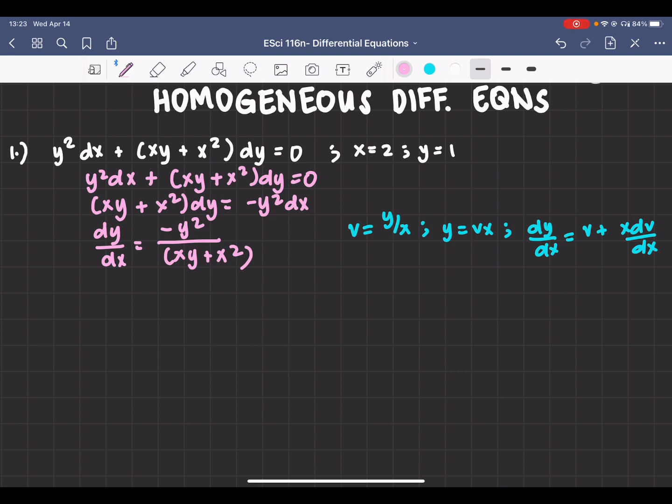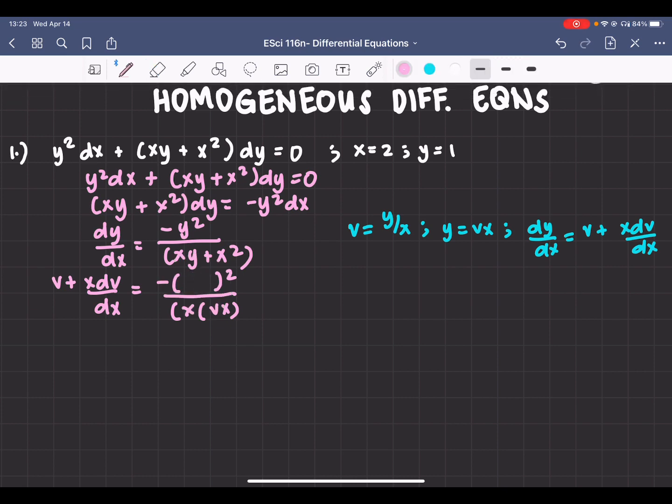So our dy over dx becomes v plus x dv over dx is equal to negative y over x squared all over x times vx. Oh, sorry. This is not y over x.